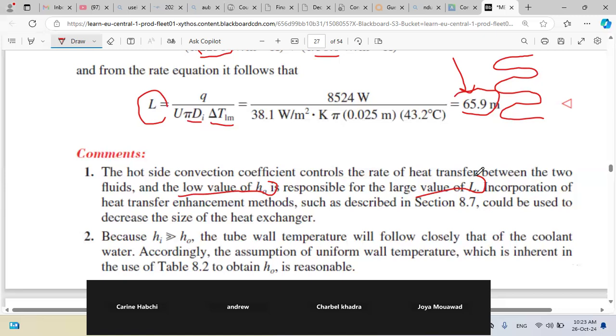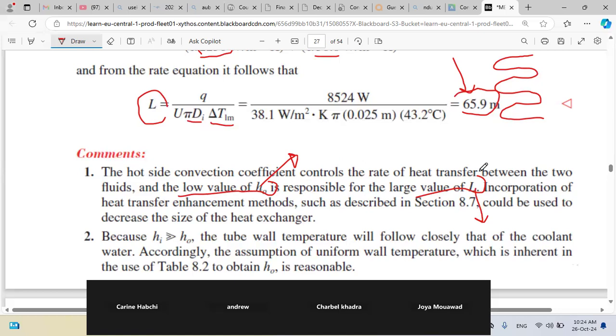That's why in general we try to enhance convection as much as possible. So here, if we have a higher value for H out, this can enhance the convective process a lot and will reduce the value of L. But since H out was really small, this resulted in a large value for the length of the heat exchanger.